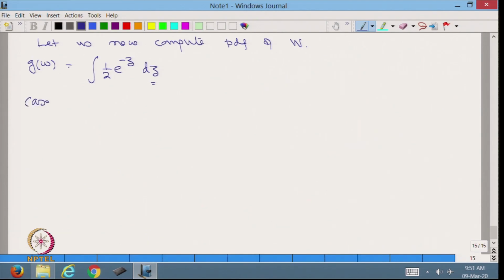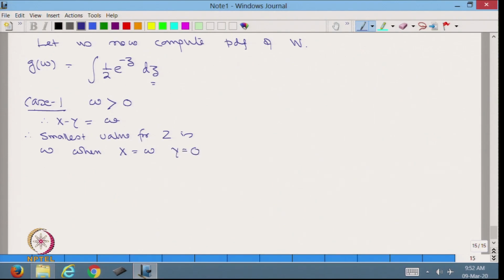Case 1, w is greater than 0. Therefore, x minus y is equal to w. Therefore, smallest value for z is w, when x is equal to w and y is equal to 0.